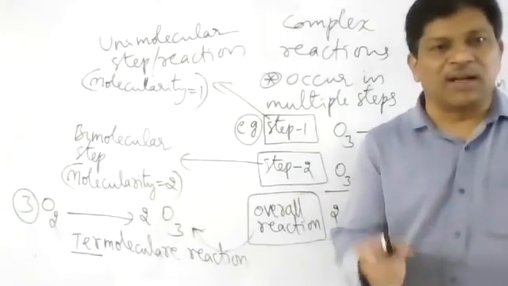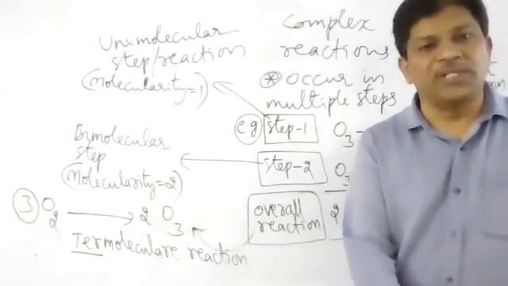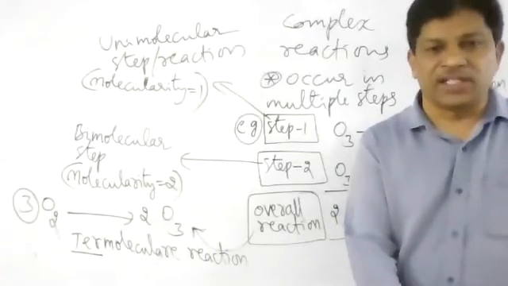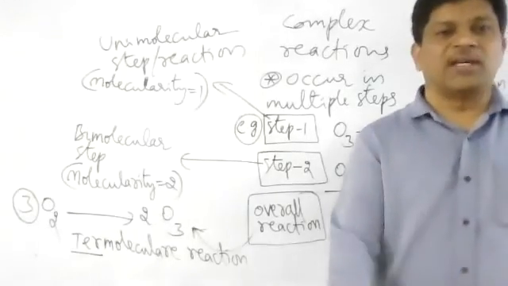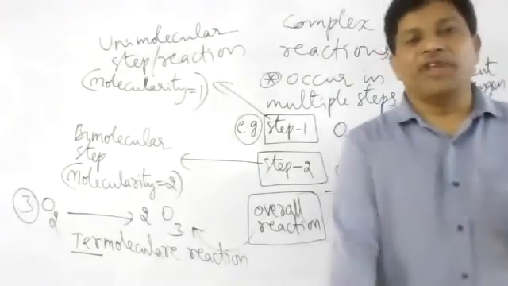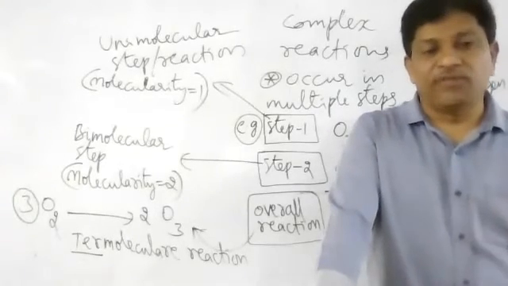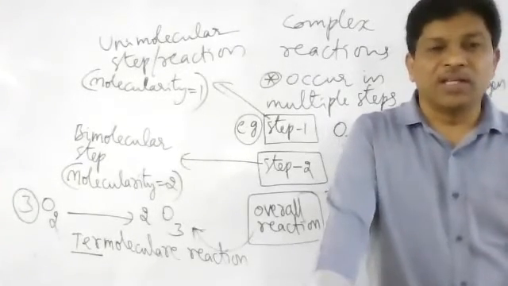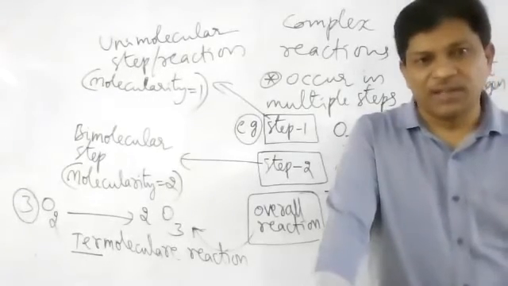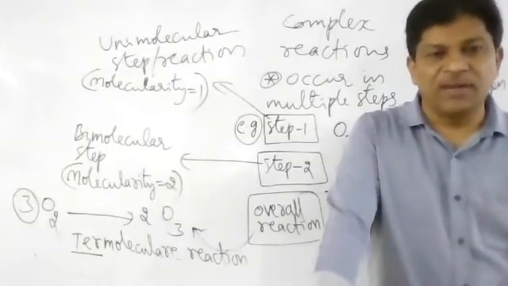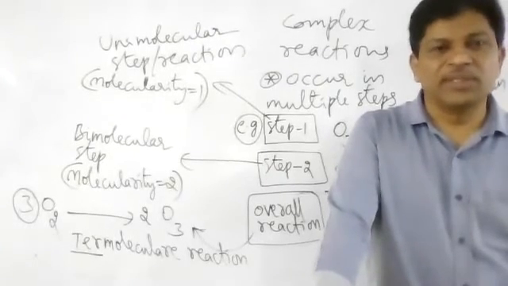Very slow reactions take some months to complete. Then the moderate reactions are neither very fast nor very slow; they take a few hours to complete. Such reactions are called moderate reactions. Most of the reactions come under the moderate category.